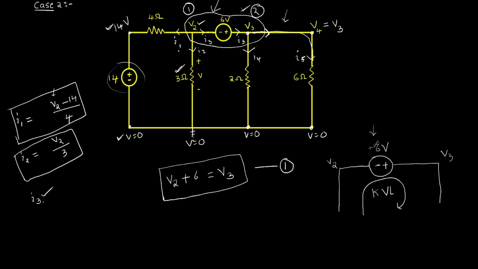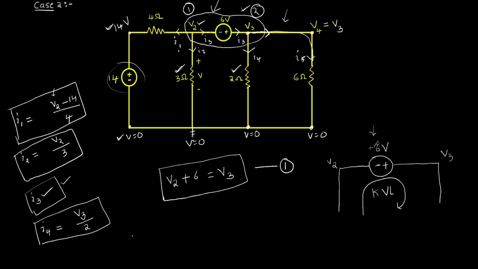We don't make any changes because our main aim is to eliminate the current passing through the super node, so that we obtain our required equation. So we need to leave this current I3 as it is. Now if we take a look at current I4, it starts from potential V3, passes through the 2 ohm resistor and ends at 0. So we can write the current I4 in terms of voltage as V3 minus 0 by 2.